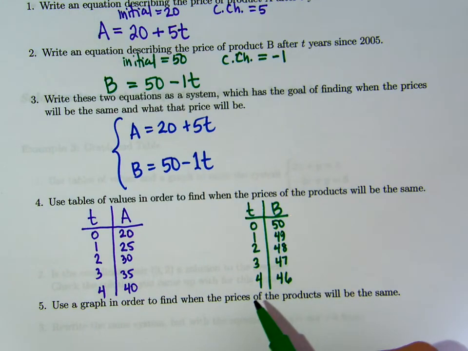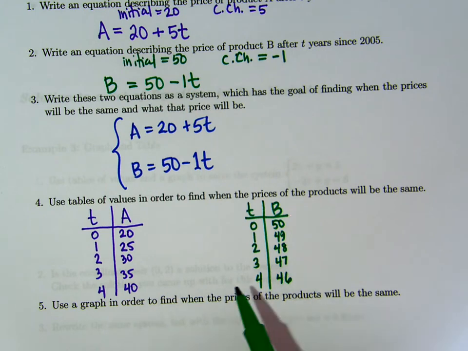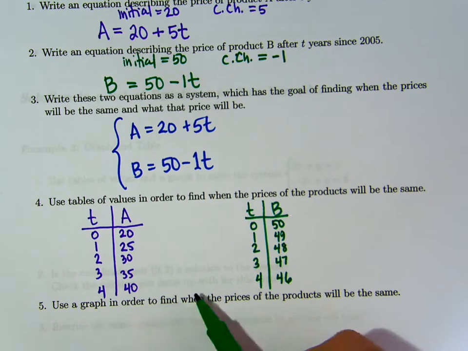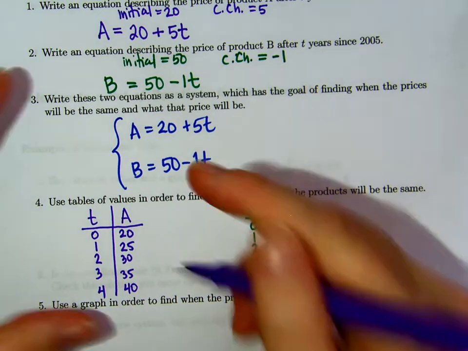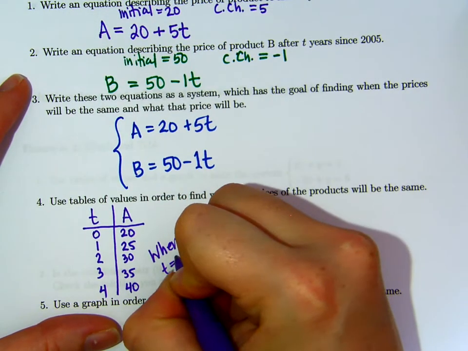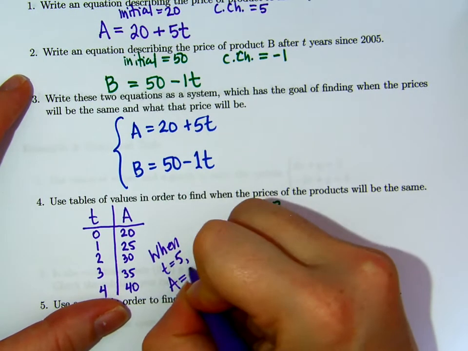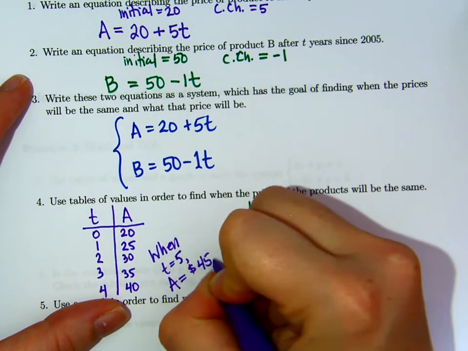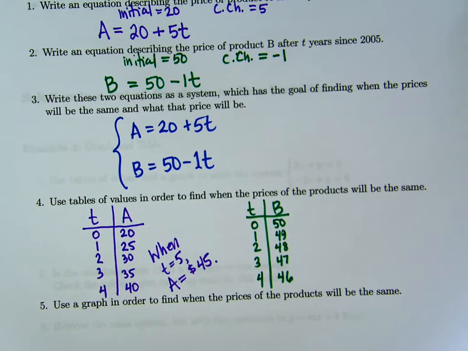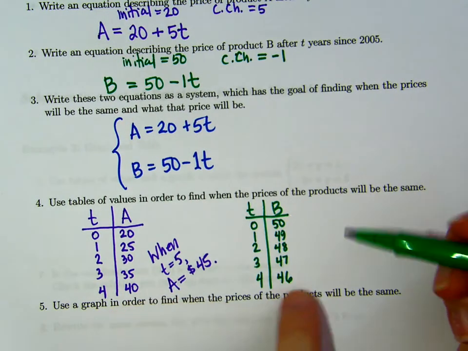I think we might have a matching at t equals 5. I've run out of space here. When t equals 5, product A price is $45. That would have been the next increment of 5.